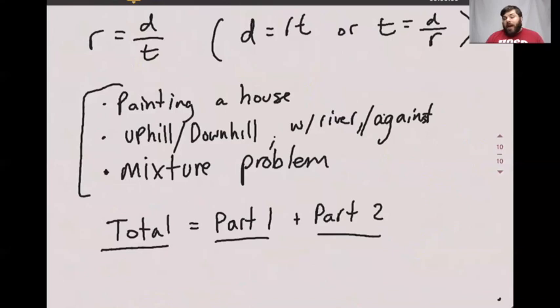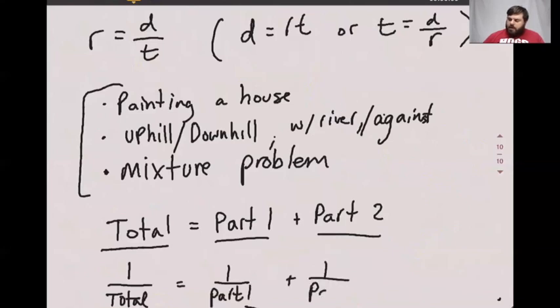Now with the painting of a house problem, it's actually one house per total amount of time equals one house per speed plus one house per speed. And we'll see this one with the painting of the house. But both of these are very, very common, and they seem kind of obvious, but sometimes it's hard to really come up with these formulas, so I wanted to make sure that I put them there.